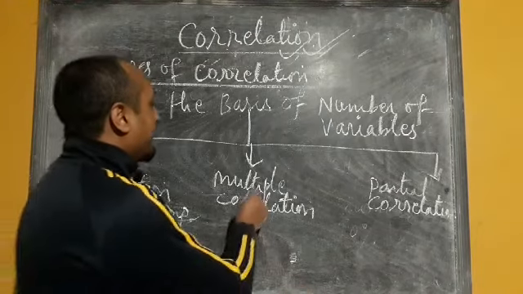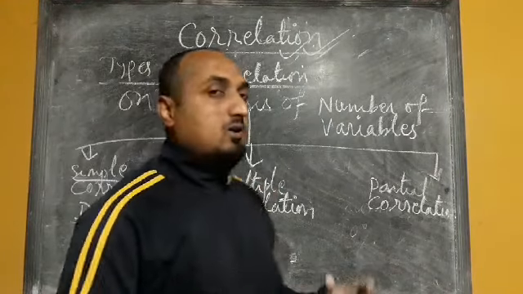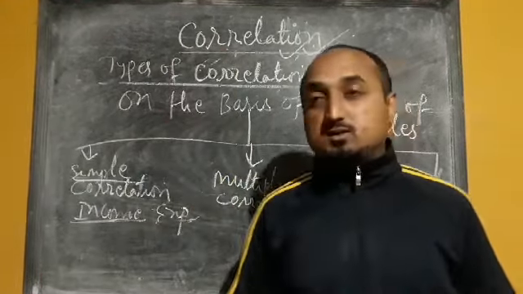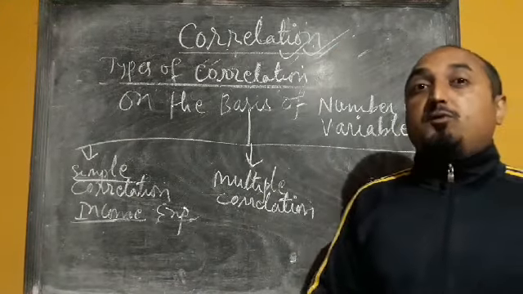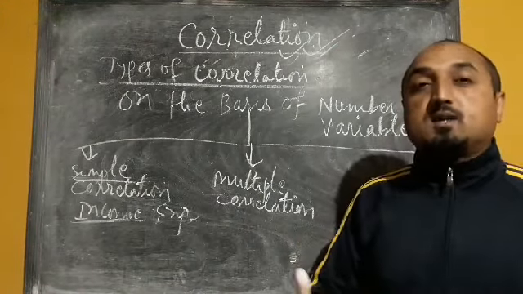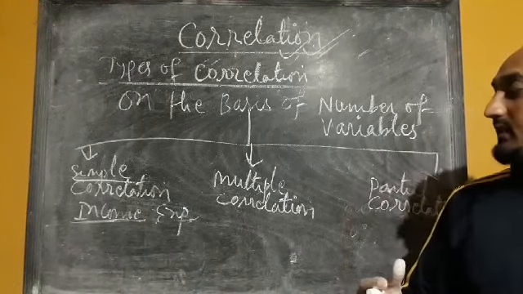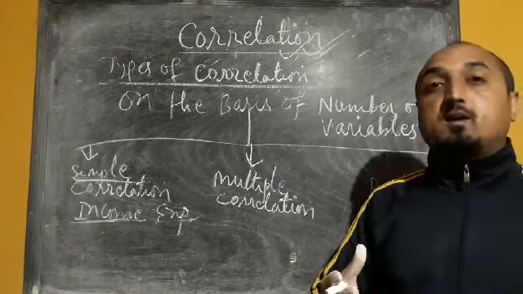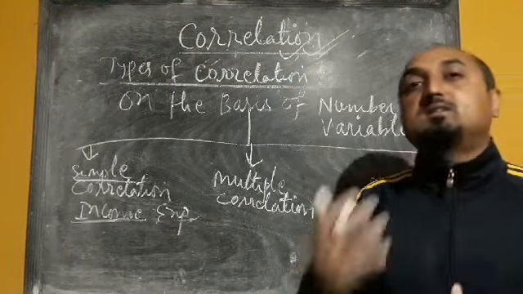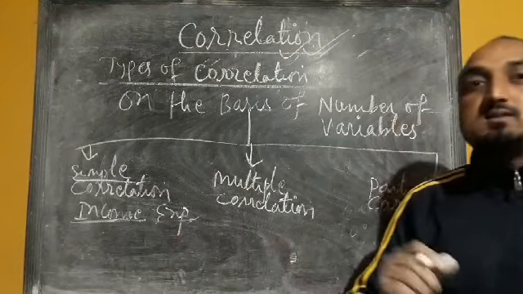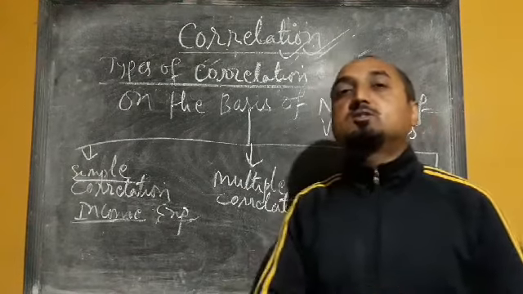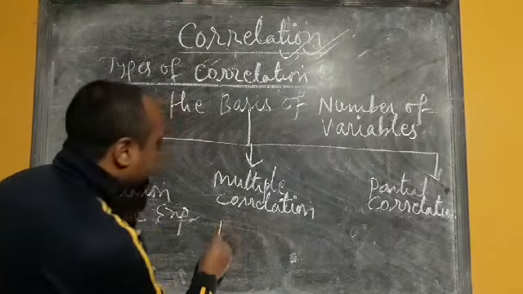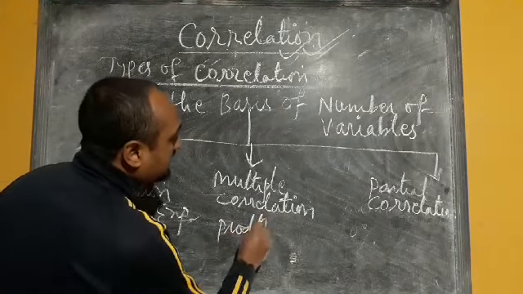Now next one we have multiple correlation. In the case of multiple correlation, we can see the influence of more than two variables at the same time. More than three variables have impact on each other at the same time. Let's consider production of food grains.